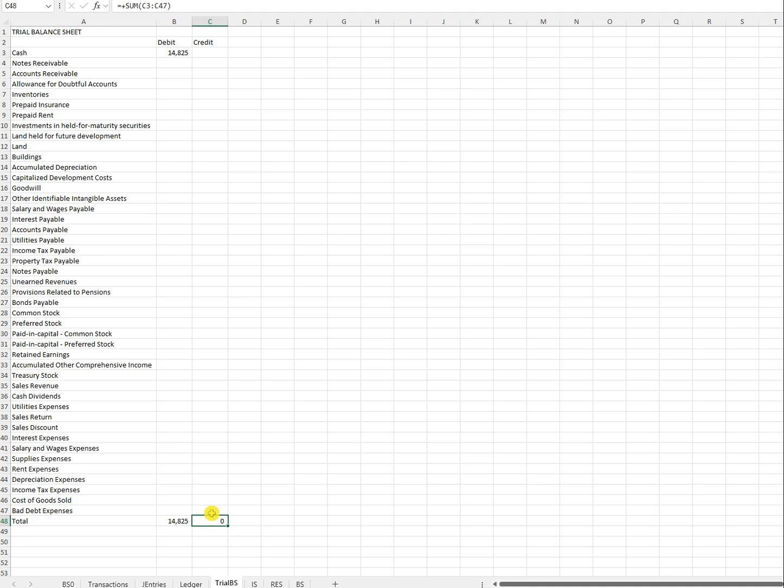That's a trial balance. Once we finish the trial balance, we can get the income statement easily, because we have all the revenues and expenses. Just copy these accounts and format them a little bit, and we're going to have the income statement.